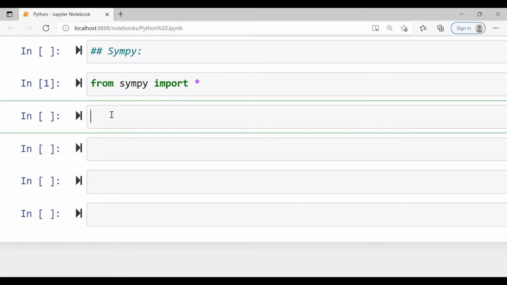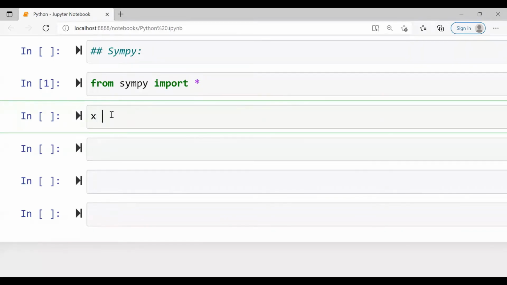For using variables, suppose you are solving an equation and you require variables called x and y. So I want to solve the equation x plus y plus x minus y. So x and y are called symbolic variables.